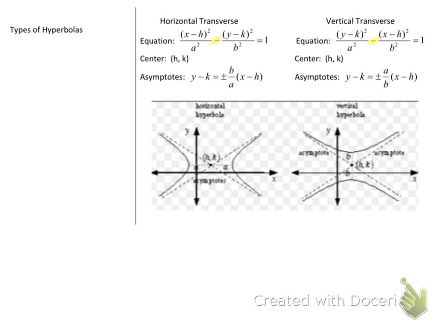So we take a look at a squared, and I want to look at the very first term showing up, and I want it to be positive. a squared is always going to be on the bottom of the first fraction. Always. Whatever variable is in the top of that fraction tells you which way this thing opens. So what I know here is that this opens in the x direction.